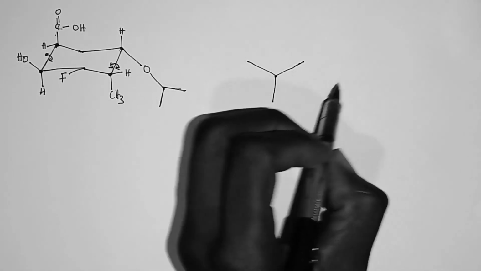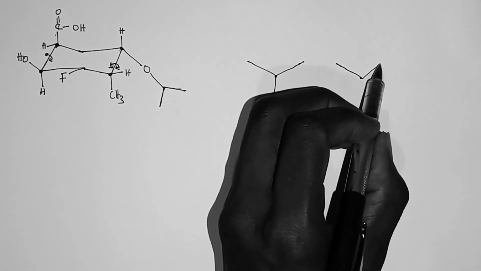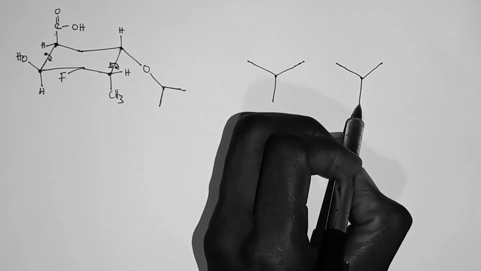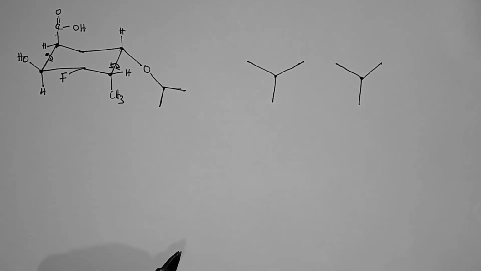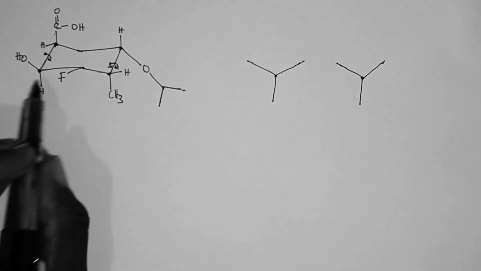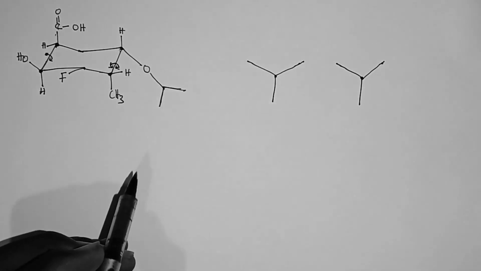And then at this side too, we need to draw another Y. So this is the easiest way to easily convert the molecule into a Newman projection. Then, so this is this carbon, and then this one is this carbon.